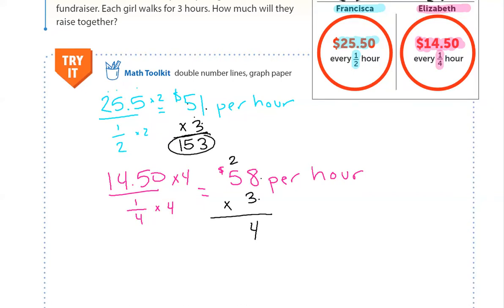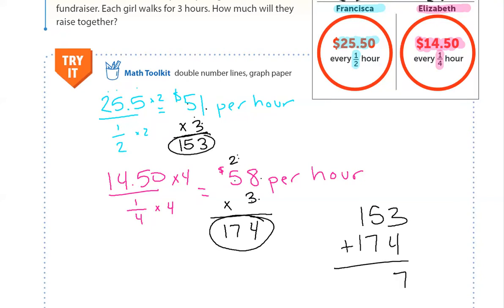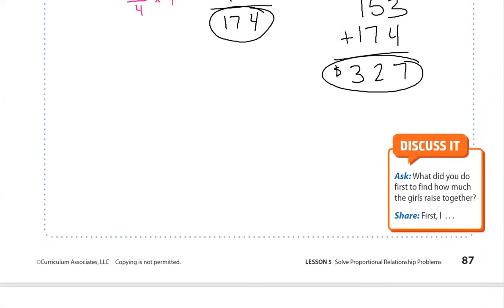Carry the 2. 3 times 5 is 15. 16, 17, 174. So Elizabeth is raising $174, but we want to know how much together. So 153 plus 174 will give us $327 in total. Alright, so that's how much they're going to raise.